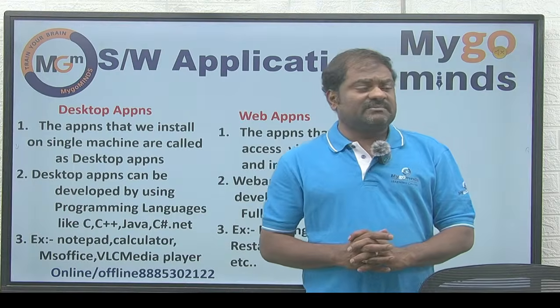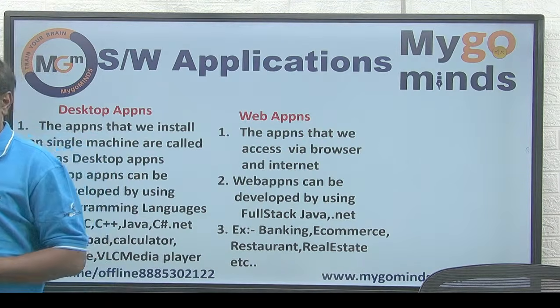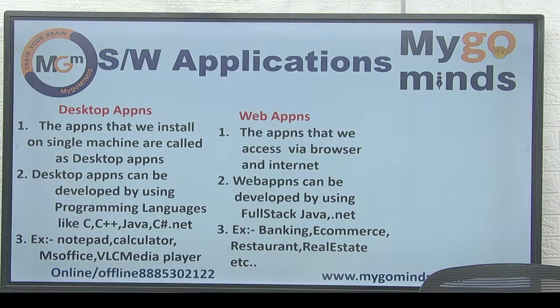If you want to develop these types of web applications, you must become a full stack developer. Full stack Java, full stack .NET, full stack Python, MEAN stack, MERN stack and Maven stack. Is it clear? These all come under web applications. Full stack development has high demand in the market.